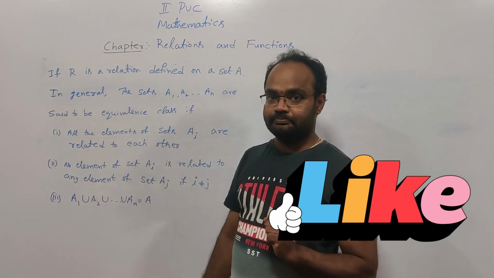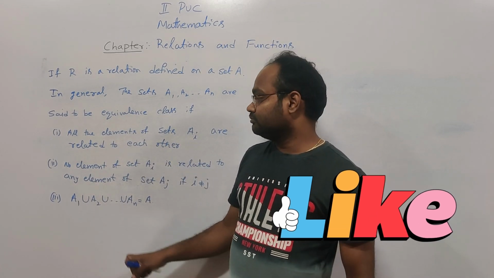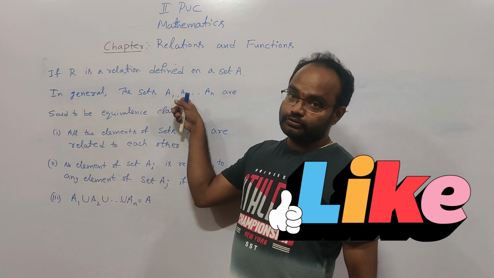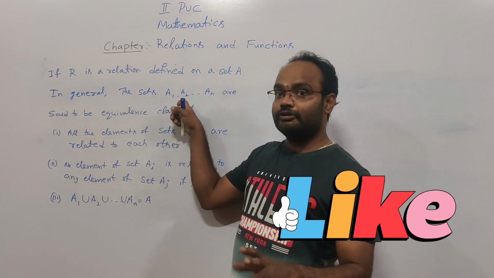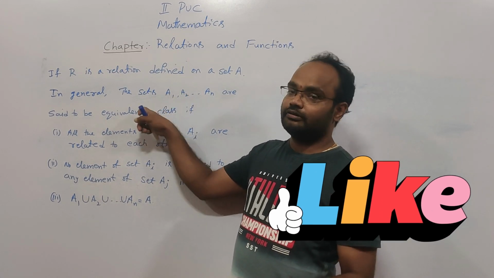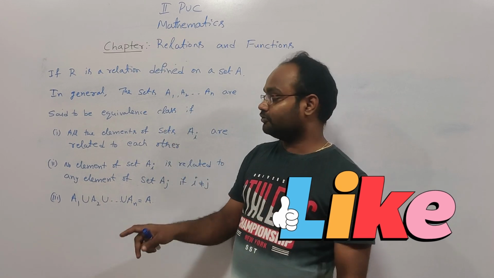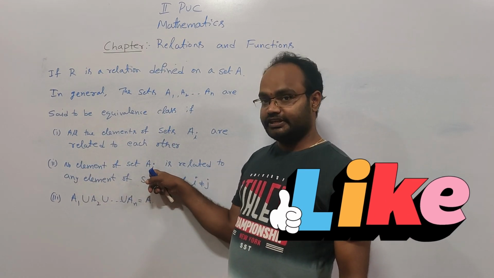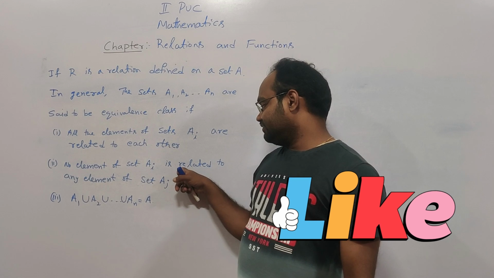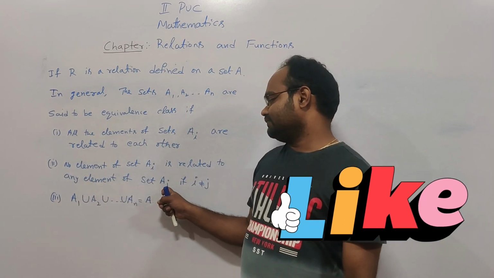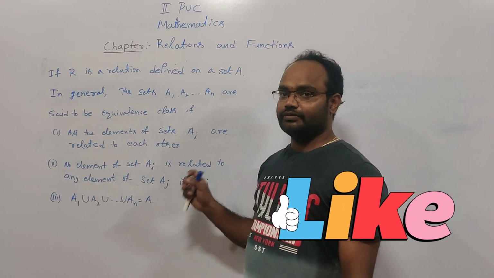Second condition: if you consider A1 and A2, there should be no relationship from any element of A1 to any element of A2. That means no element of set Ai is related to any element of set Aj if i is not equal to j.